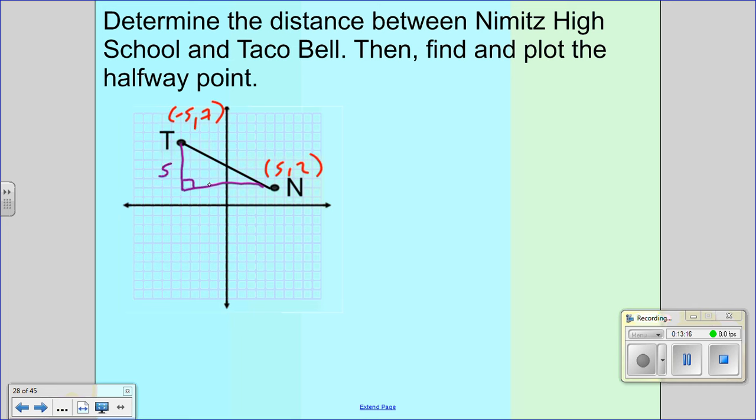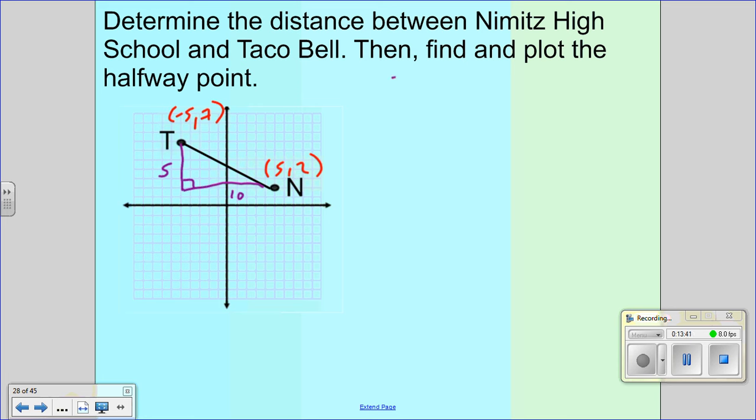And count across. It'd be 1, 2, 3, 4, 5, 6, 7, 8, 9. It should be 10. Again, it works best if you're not on a computer and you can see and read the grid a little better. But it's 10.